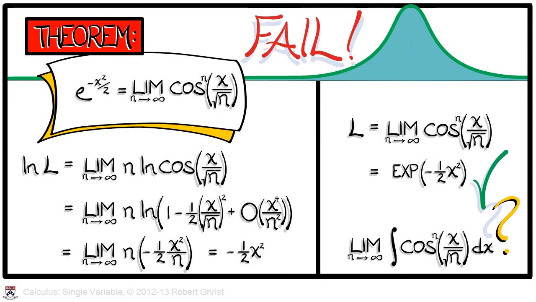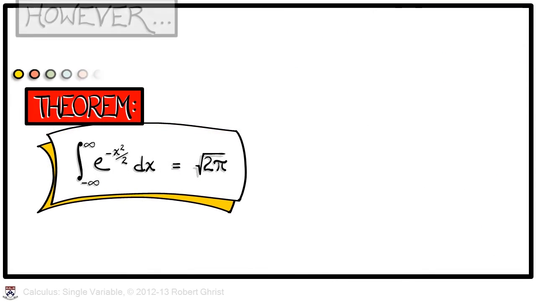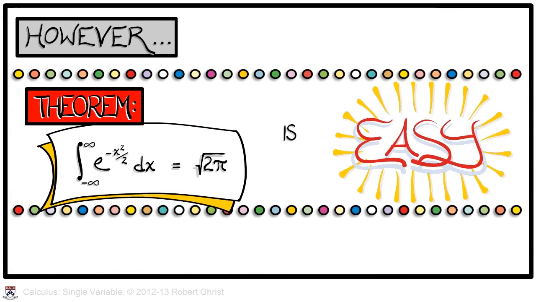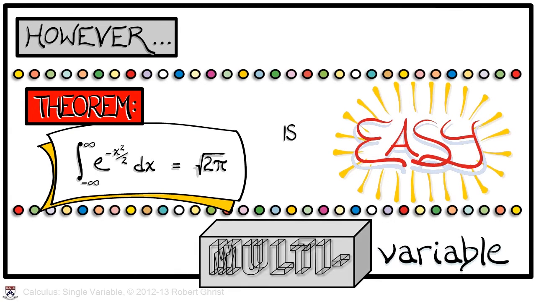There's not enough room on this slide to give a proper argument. You have to learn a little bit more about how limits and integrals interact. So we've failed, but this integral is easy when you use the techniques that you'll learn in multivariable calculus. I guarantee you that you will do this integral, and it will take just a minute.